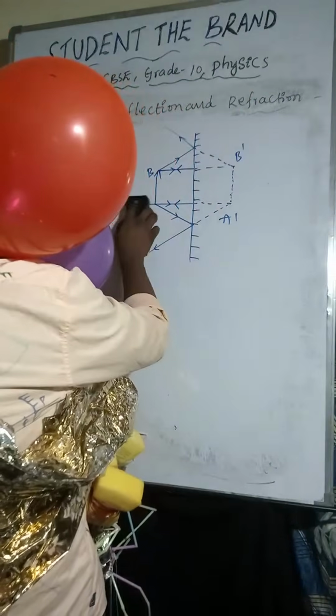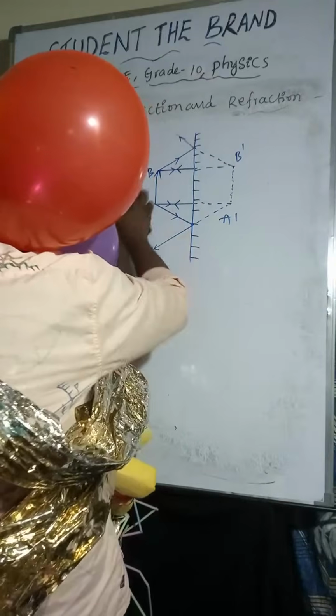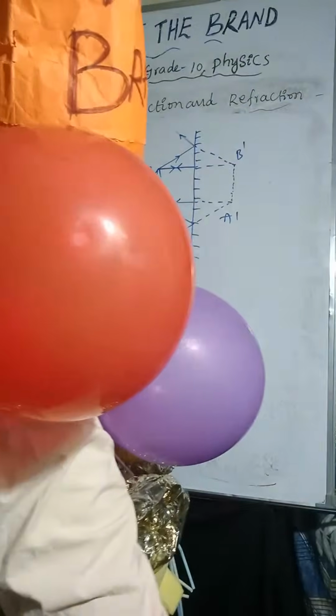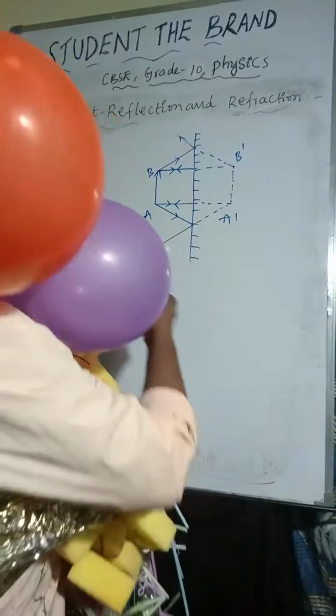So here you can observe, in this case we can conclude that object is real, image is virtual.